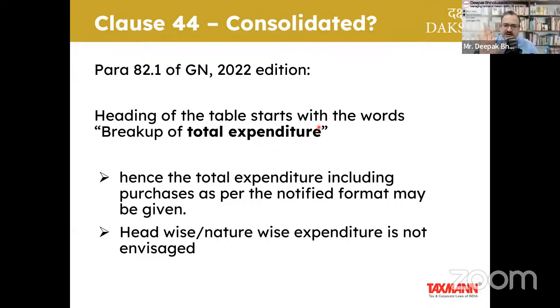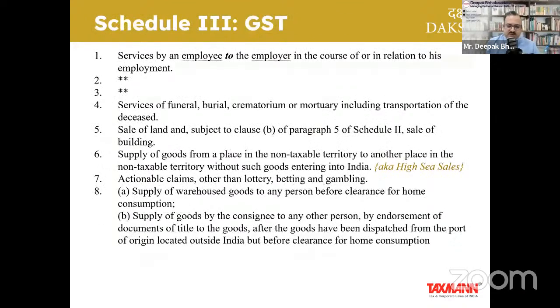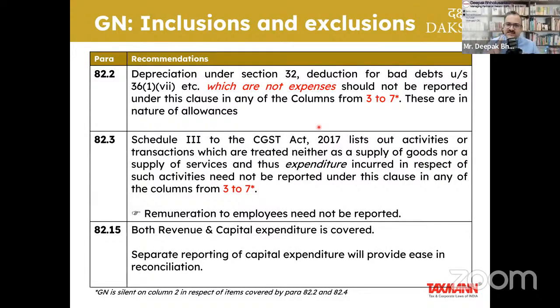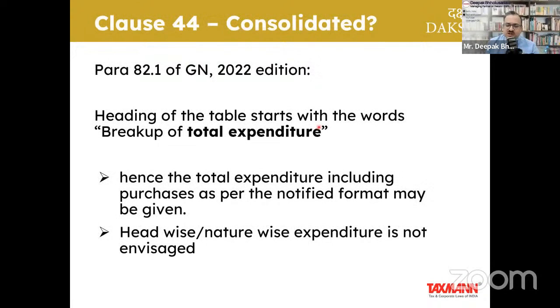Only a consolidated amount needs to be given, bearing para number 82.15, which says that revenue and capital expenditure need to be segregated. So if there are 15 line items within revenue expenditure, you just need to consolidate the amount basis column number 3 to 7 and report that consolidated amount in your clause 44.